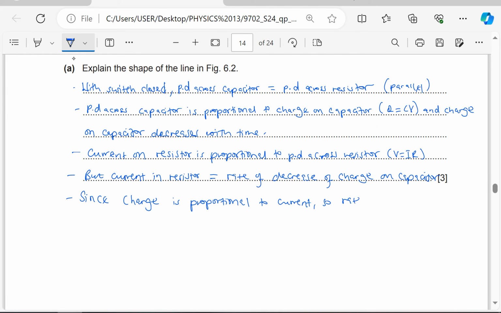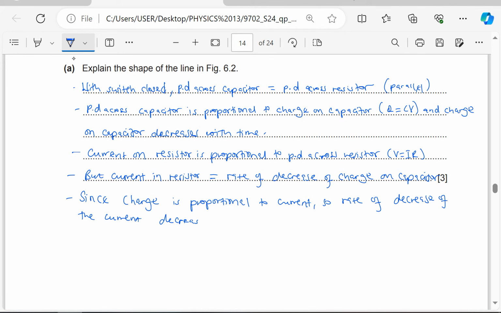So the rate of decrease of the current decreases. Because remember, the rate of decrease is the current.